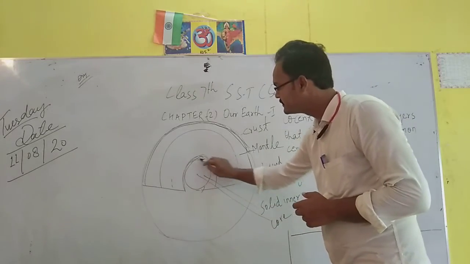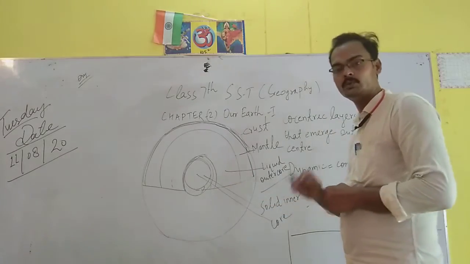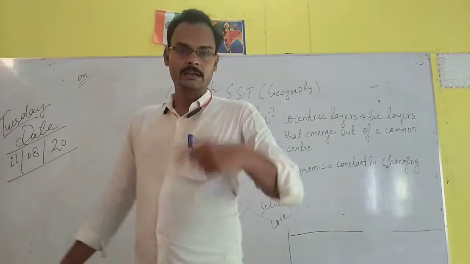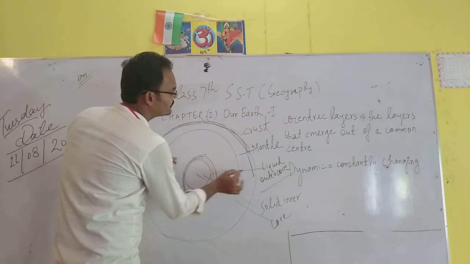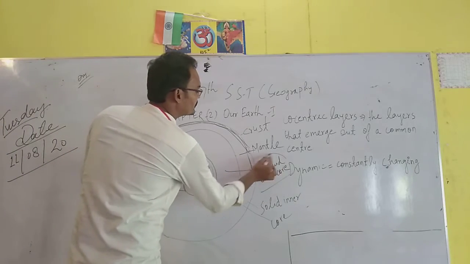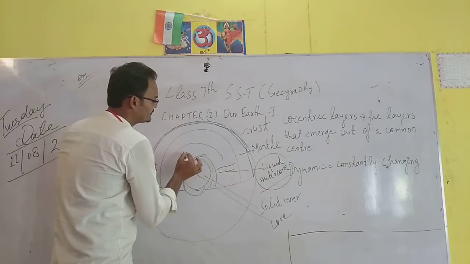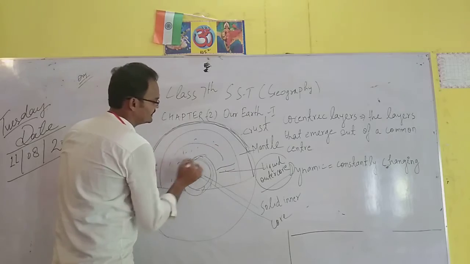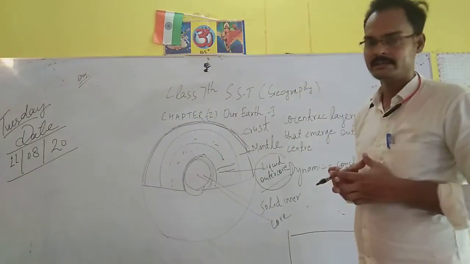This is the center part of the Earth, the solid inner core. Above that, there is the liquid outer core, this totally is liquid outer core, after the solid inner core in the center.